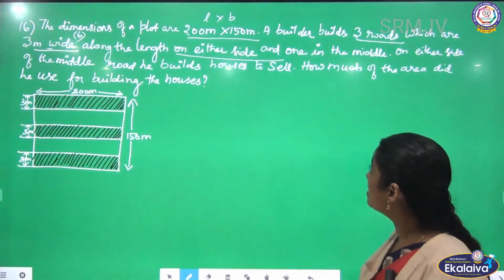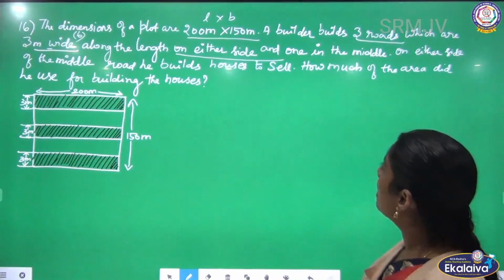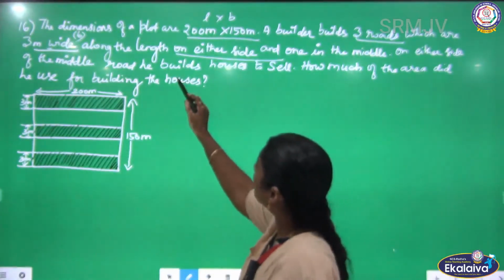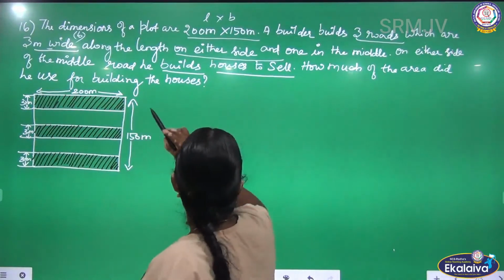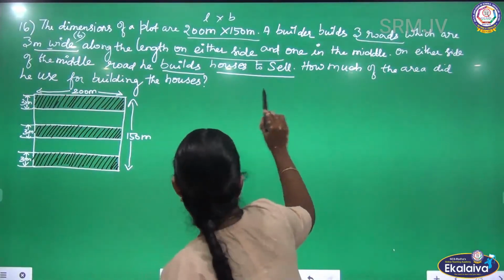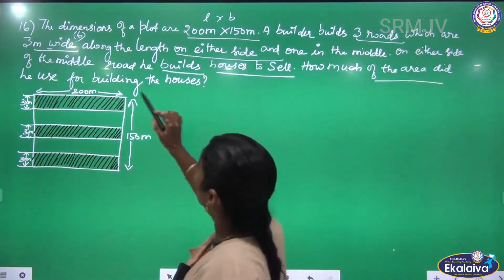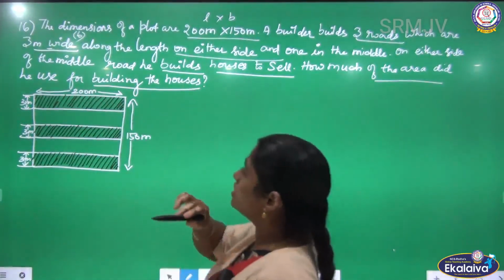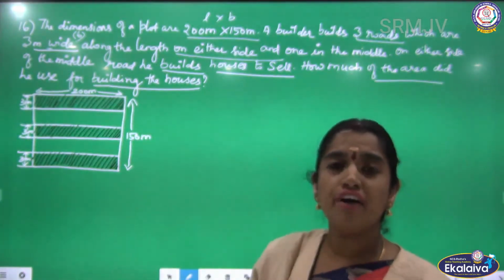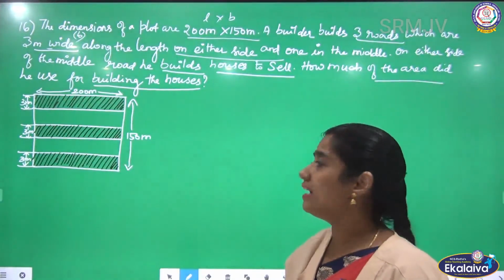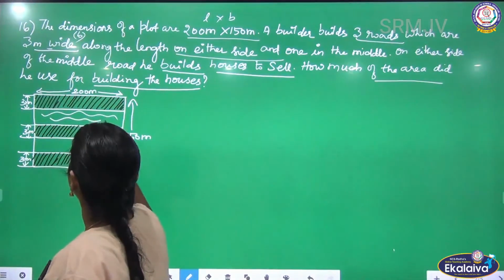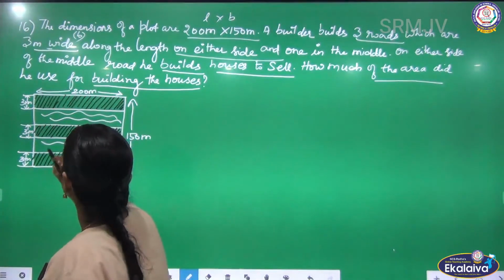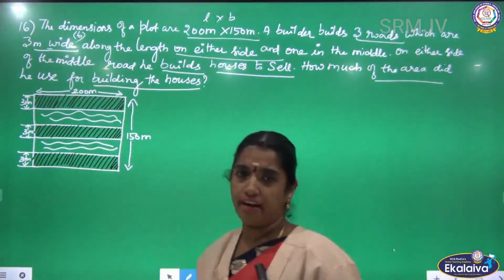Can you clear this? After finding this, we are going to find the area used for building the houses to sell. So this is the area I am going to find out.